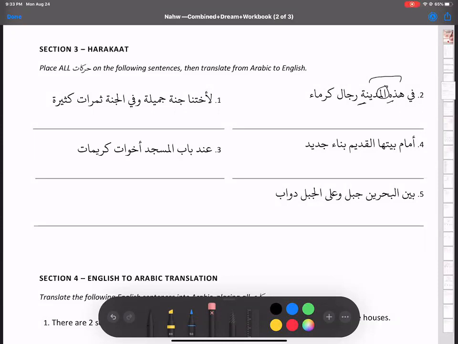Now what do you think about this one? Rijalun. Kareem. Rijalun, okay. Kurama or Karama? Kurama'u. Okay, so this is partly flexible. This is a kind of broken plural.